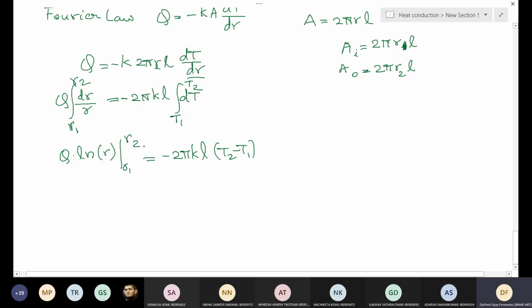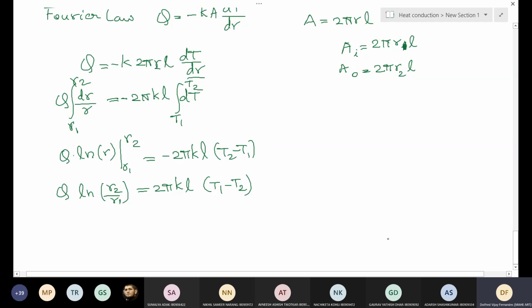Apply the limits: ln R2 minus ln R1, you can write it as Q ln (R2 divided by R1), by the law of logarithms. This minus sign you can take inside the bracket and write it as 2 pi KL (T1 minus T2). Write the things clearly.